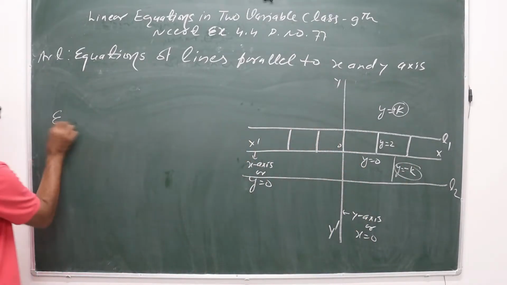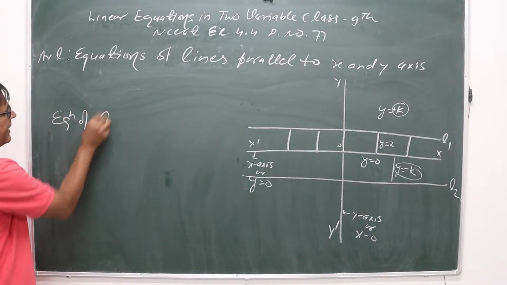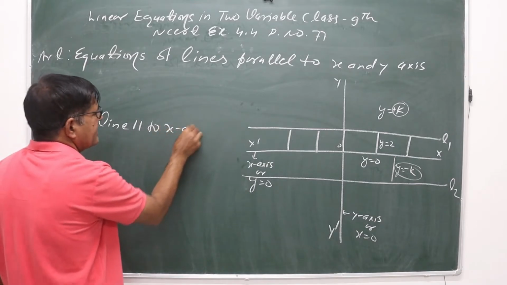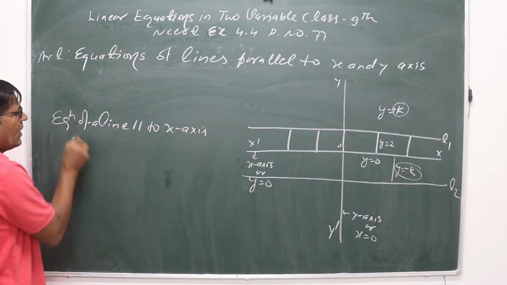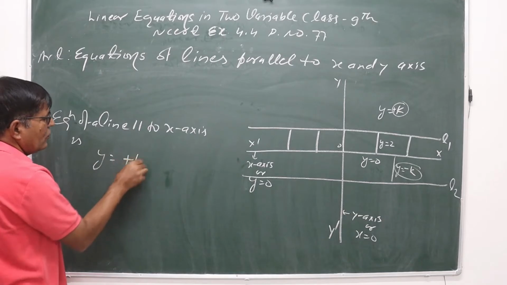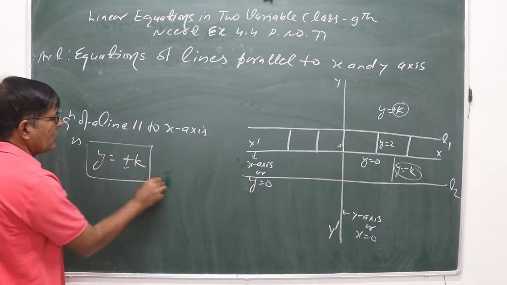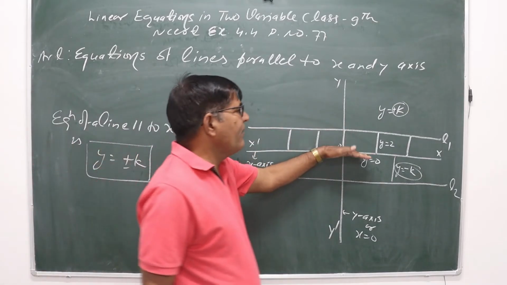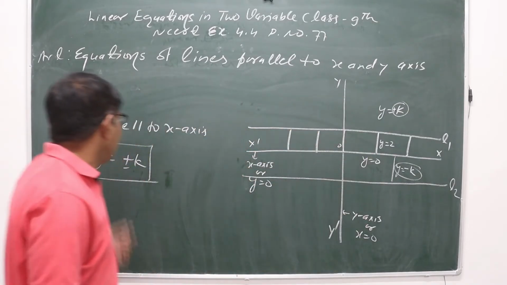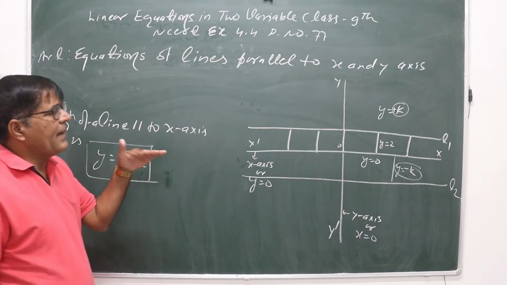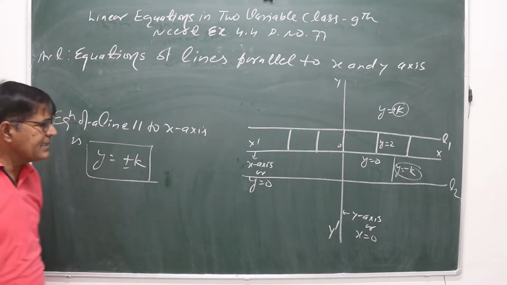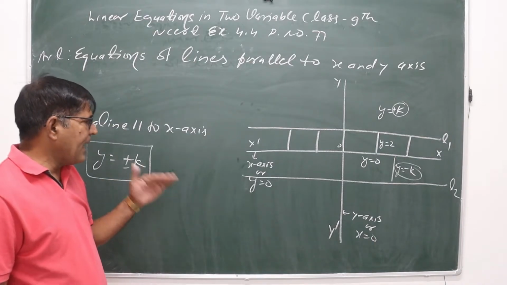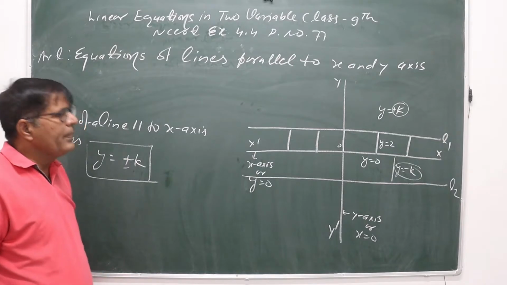So the equation of a line parallel to the x-axis is always y equals plus or minus constant. This constant represents the distance of that parallel line from the x-axis. If it is positive, the line is above the x-axis, and if it is negative, the line is parallel to the x-axis but below the origin.